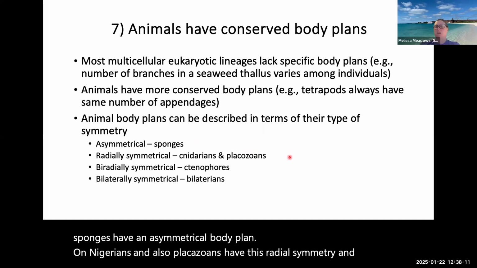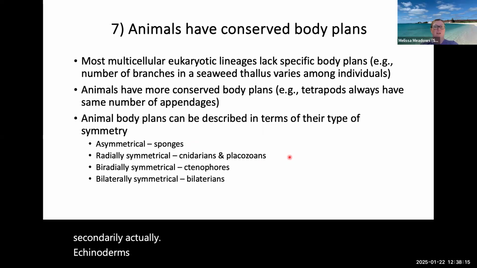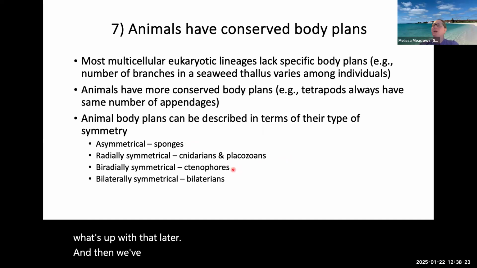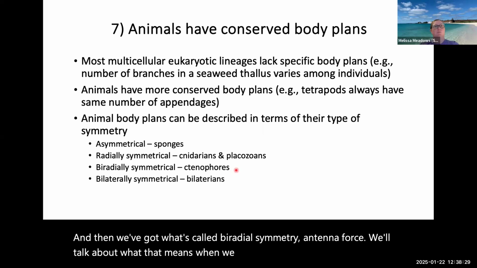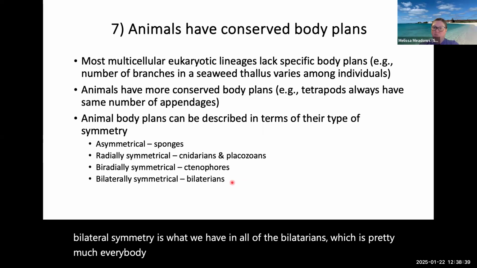And secondarily, echinoderms have radial symmetry as adults, but we'll talk more about what's up with that later. Then we've got what's called biradial symmetry in ctenophores. We'll talk about what that means when we get to ctenophores. And then bilateral symmetry is what we have in all of the bilaterians, which is pretty much everybody else.